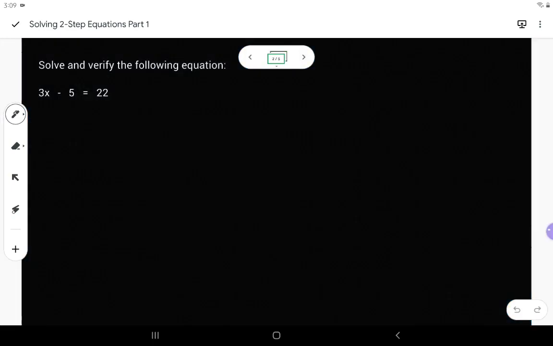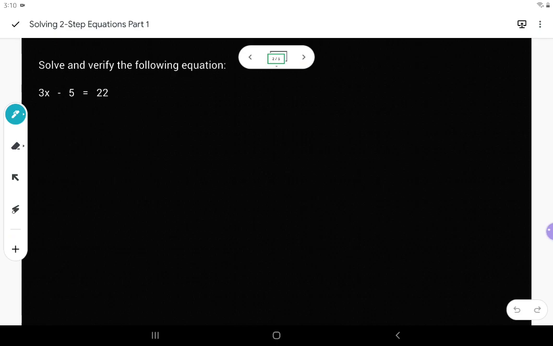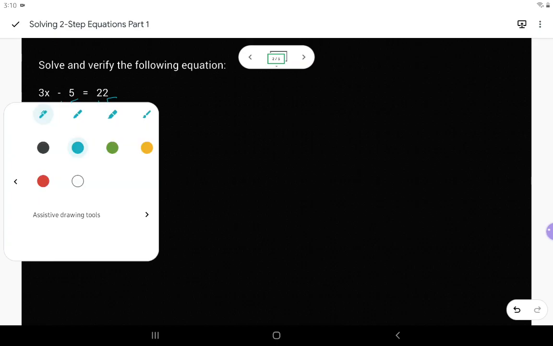So what we're going to look at doing is we're going to solve and verify these equations. So if I had something like 3x minus 5 is equal to 22, what I'm going to do is I'm going to take x, multiply it by 3, and then I subtract 5 after. So if I want to undo this process to figure out what x is, I'm going to start by adding 5 on both sides, because the opposite of subtracting 5 is adding 5.